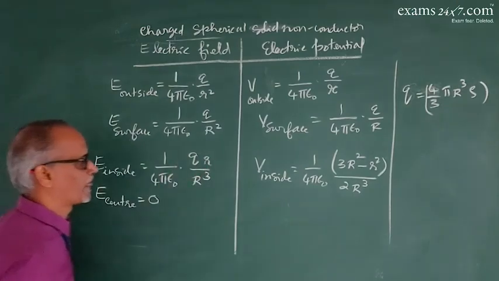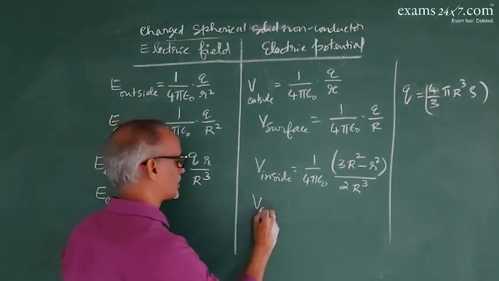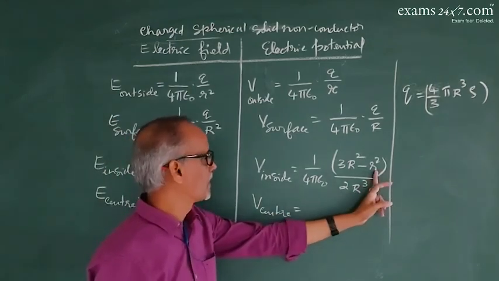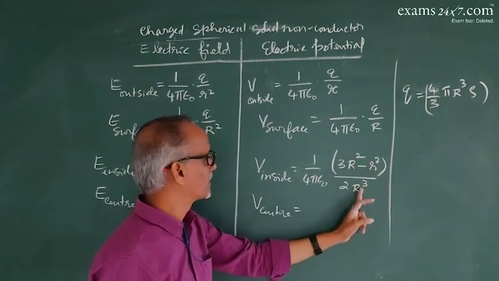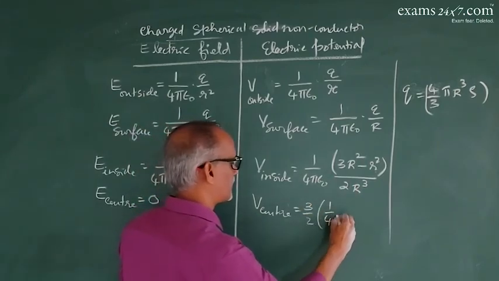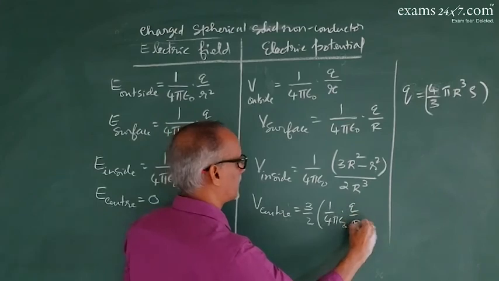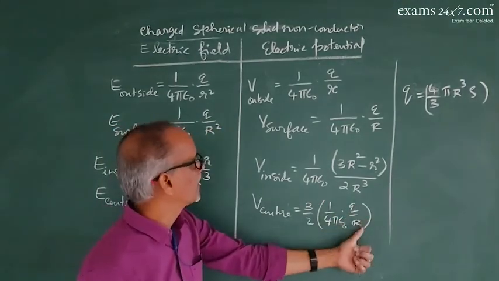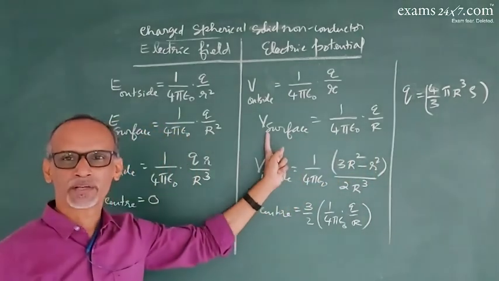because r is 0. What is the electric potential at the center? When r is 0, you get R² by R, you will get R. So it's 3 by 2 times 1 by 4 pi epsilon Q by capital R. And this value, 1 by 4 pi epsilon Q by R, is nothing but the potential on the surface.